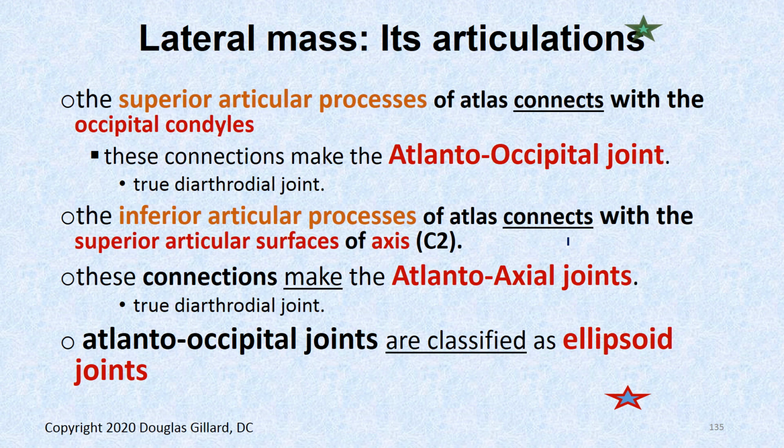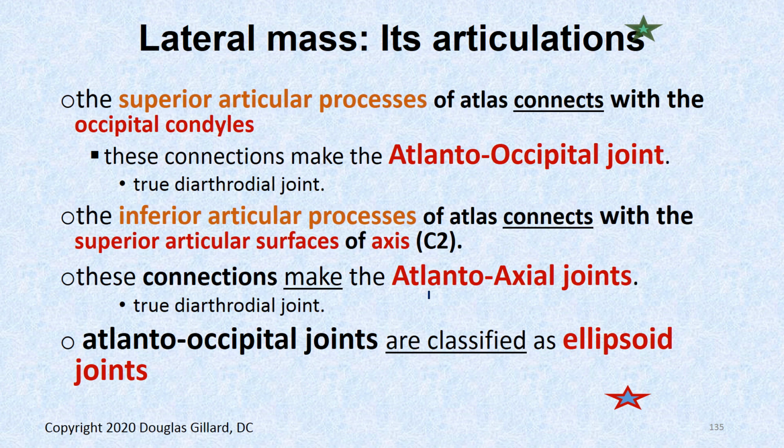Its articulations, we already said, the superior articular process of atlas connects with the occipital condyles to give us the atlanto-occipital joint. True diarthrodial joint has a full capsule filled with synovial fluid, just like a Z joint. The inferior articular process of atlas connects with the superior articular process of axis, and that makes the, out of respect, name the atlas first, atlantoaxial joint, another true diarthrodial joint.